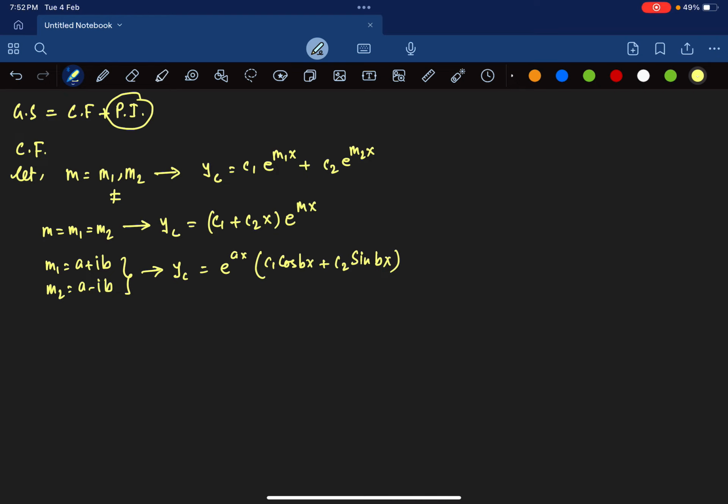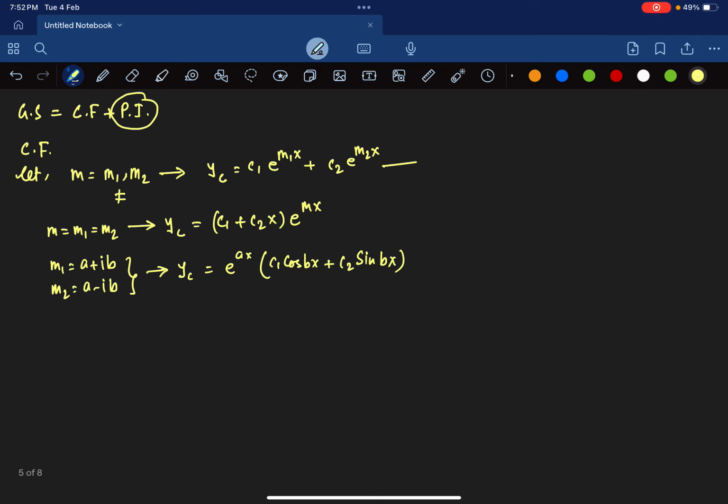Once you have this complementary function, you can write the solution set. For the first case it is e^(m1 x), e^(m2 x). Solution set means the linearly independent solutions we are considering.